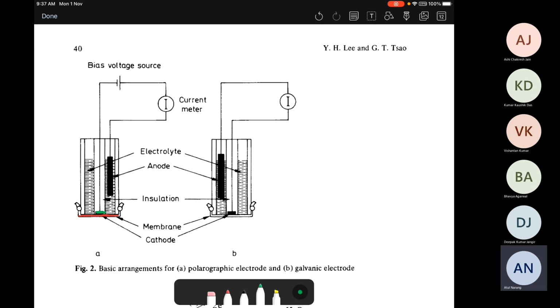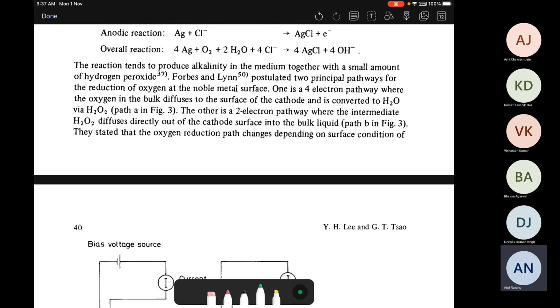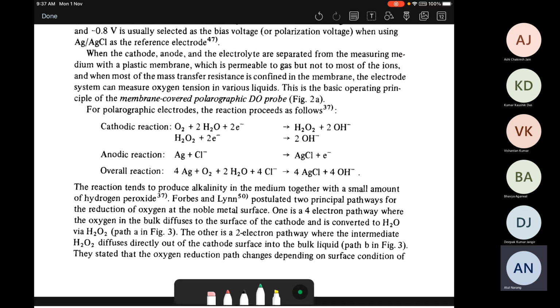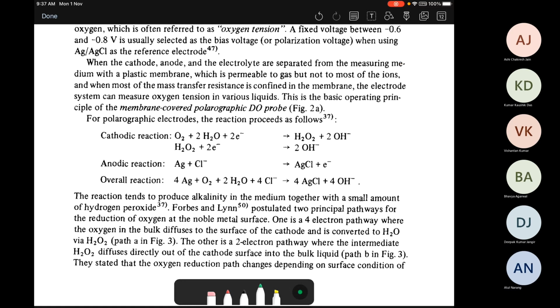So this oxygen diffuses through the membrane and gets to the cathode, where it is essentially, sorry, it is reduced. So at the cathode, this reaction takes place. Oxygen receives two electrons. This is showing you the two-step reaction.